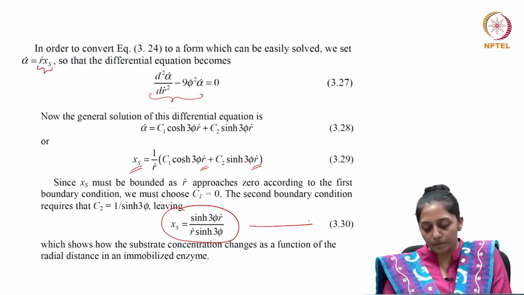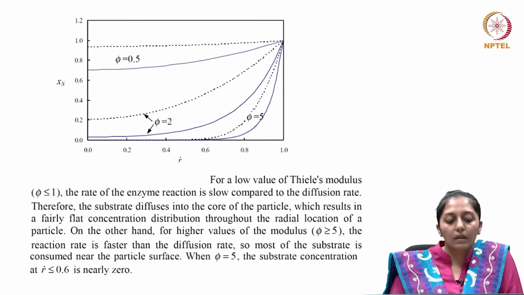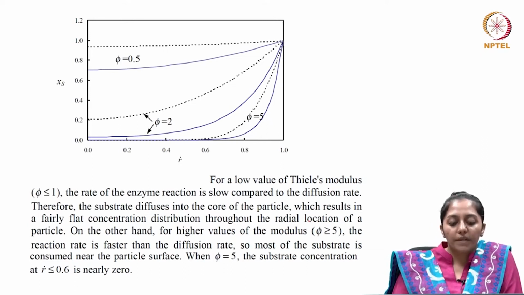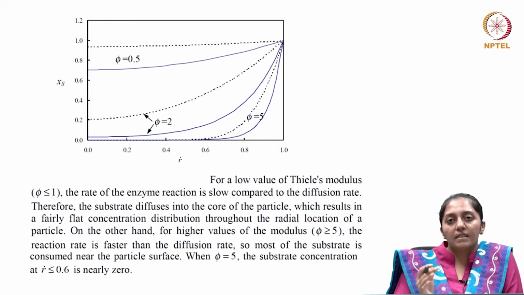So if we make a plot between xs and r dot with varying values of Thiele modulus, we can see how the Thiele modulus affects the substrate profile inside the pellet.